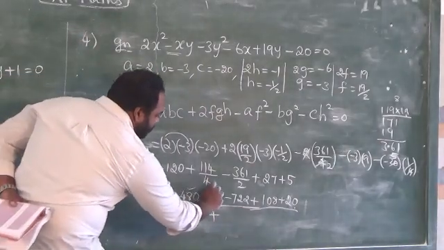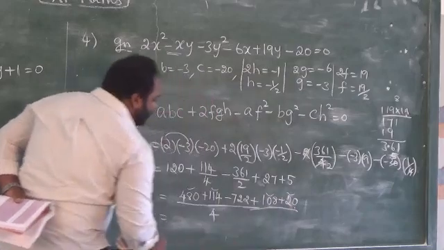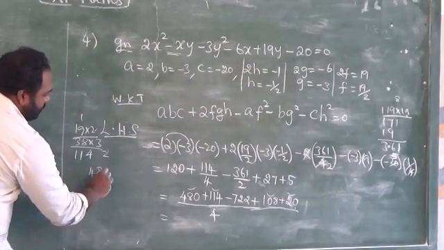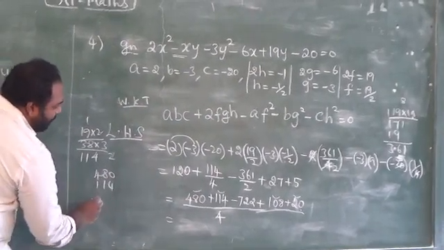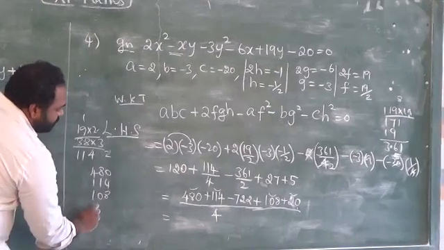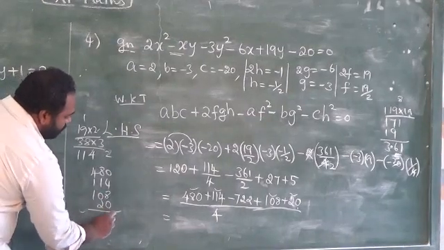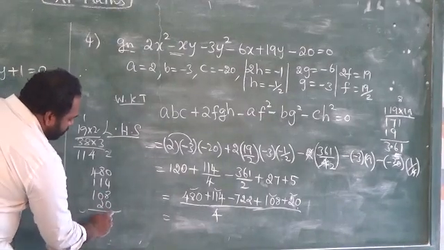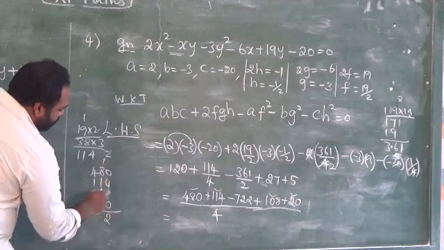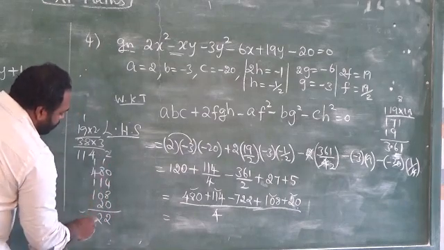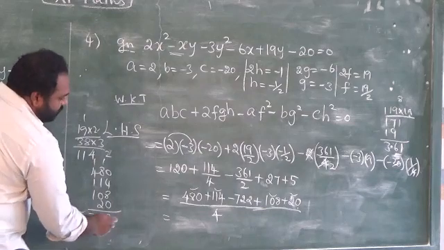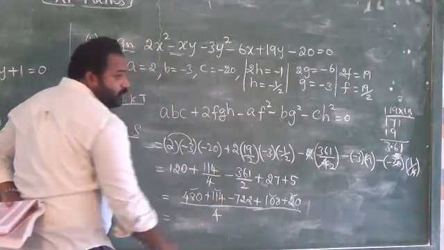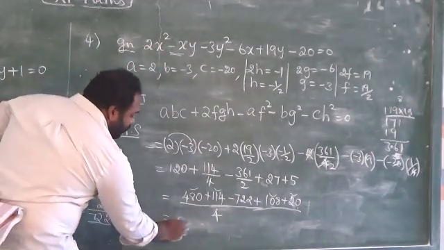If I add all the positive values, 480, 114, 108, 20, we get 722. 722 minus 722, the numerator will be 0, so the whole thing will be 0.